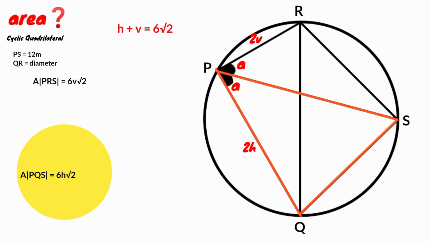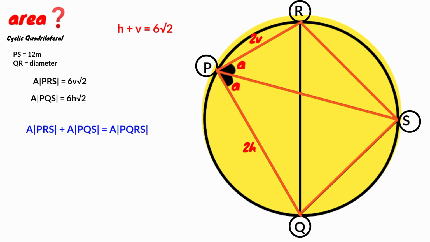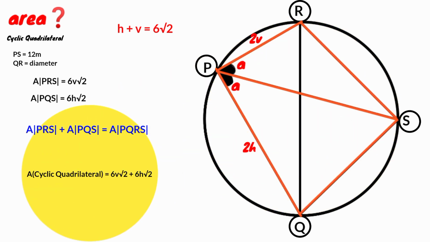Now it is clear that the area of these two triangles, triangle PRS and triangle PQS, adds up to give us the area of the cyclic quadrilateral. So area of cyclic quadrilateral equals 6v root 2 plus 6h root 2. Here 6 root 2 is common. We factor it out. So it is 6 root 2 into bracket v plus h.